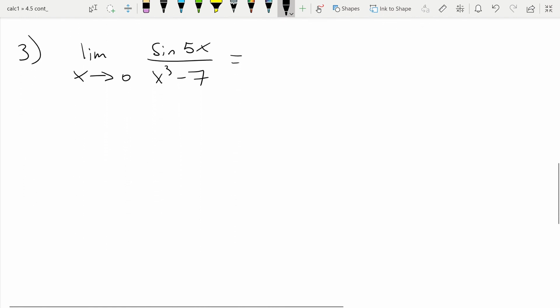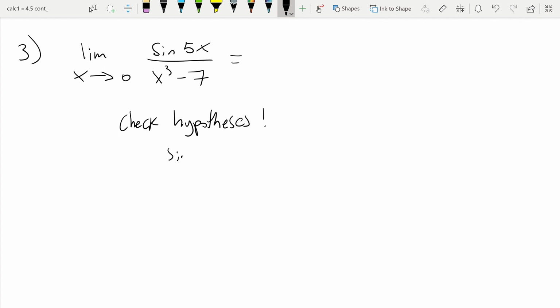And what about this example? Well, let's check the hypothesis here. So there are two hypotheses that involve what the numerator and denominator are approaching, and also that the derivative of the denominator doesn't vanish near the point. Okay, so what happens here?